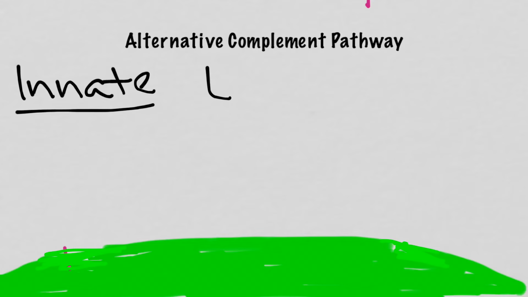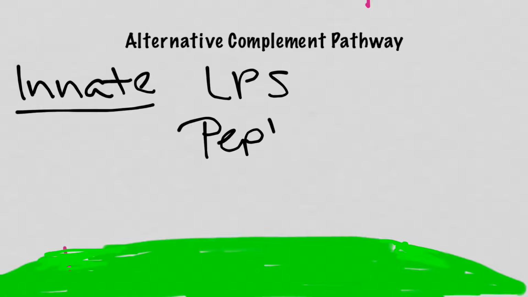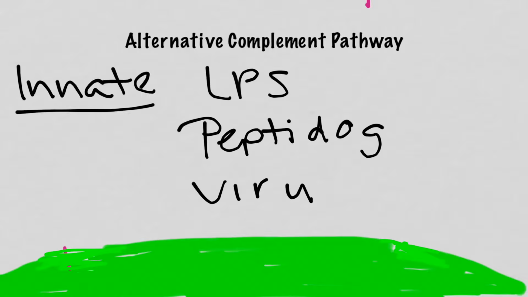These would be things like LPS on gram-negative bacteria, peptidoglycan on both gram-negative and gram-positive bacteria, viruses, virally infected cells, even some parasites. All of these have surfaces that are capable of spontaneously activating the alternative pathway.